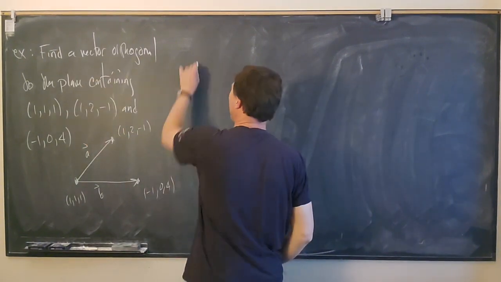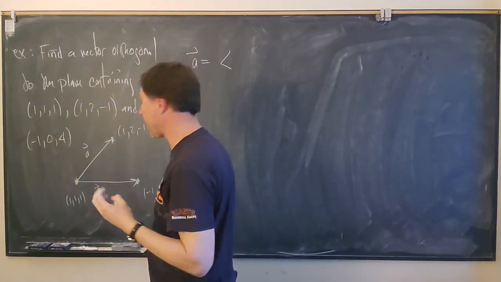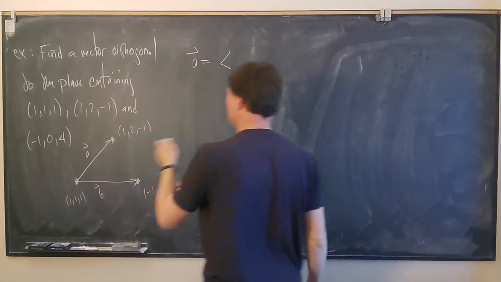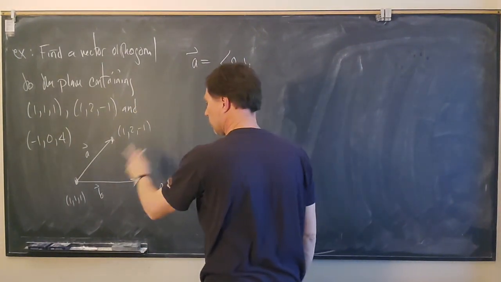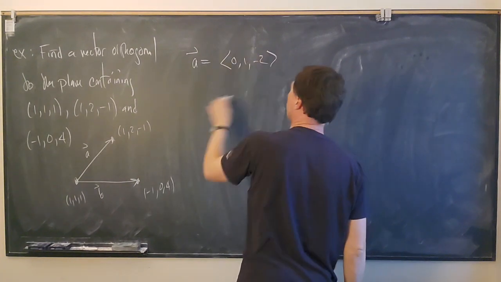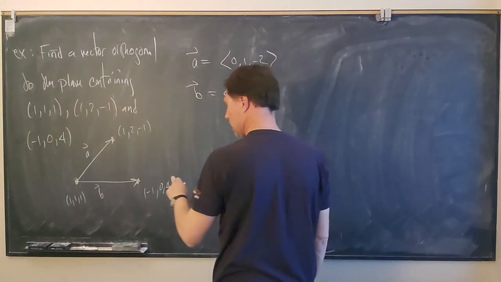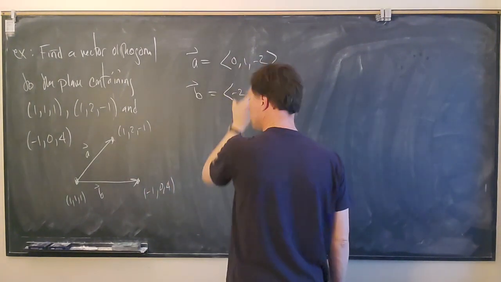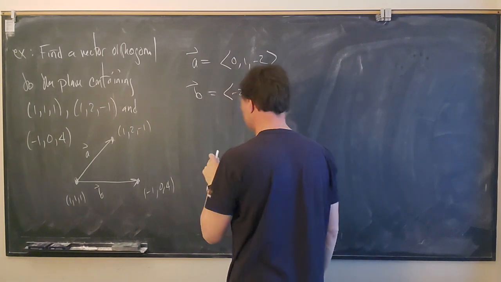Okay, so who's A? A is going to be the vector, so remember it's head minus tail, so it'll be 0, 2 minus 1 is 1, minus 1 minus 1 is minus 2. And then B is the vector minus 1 minus 1 is minus 2, 0, so that'll be a negative 1. And then 4 minus 1 is 3.